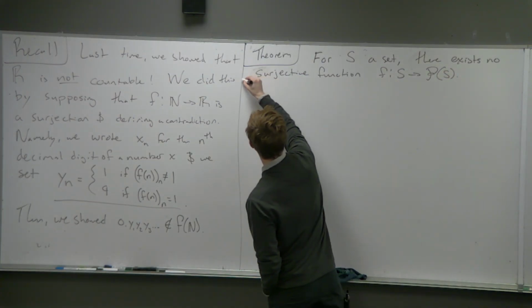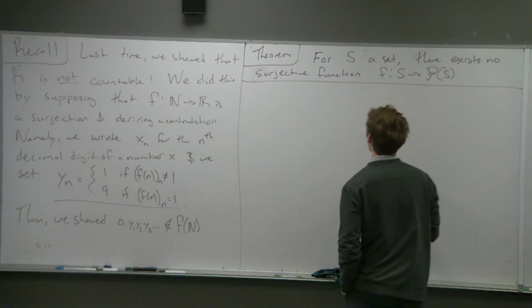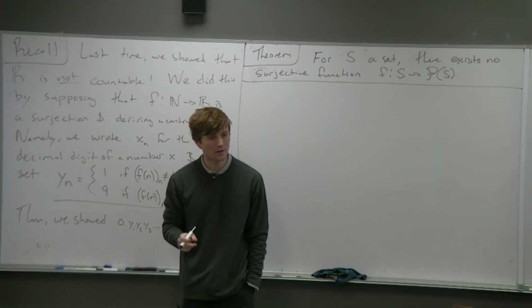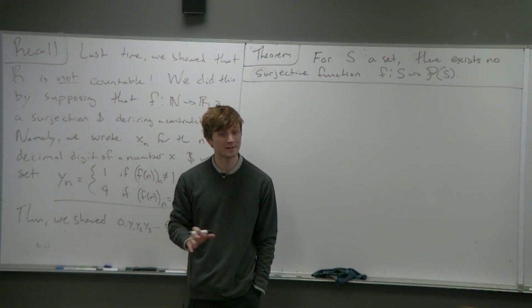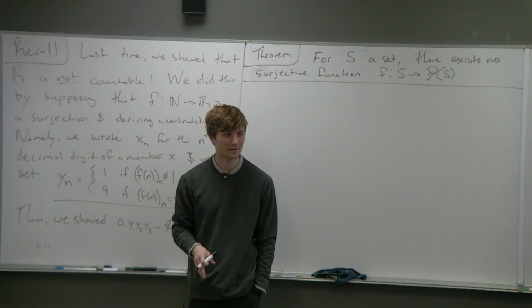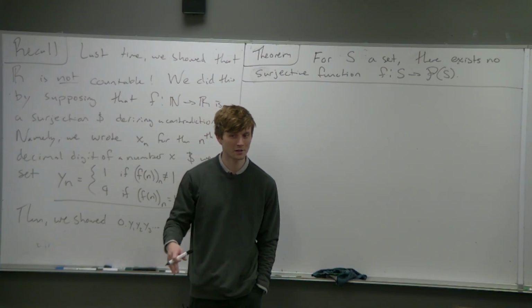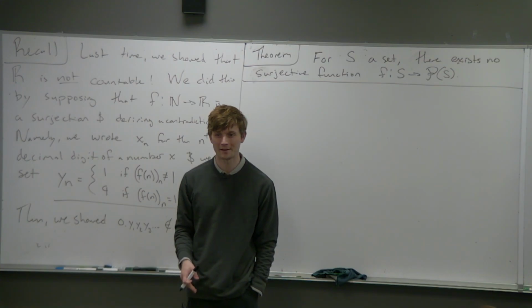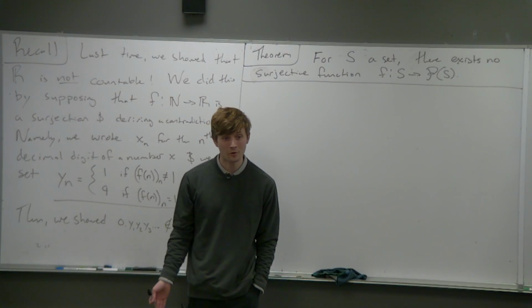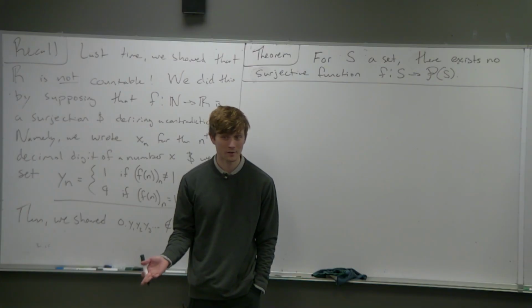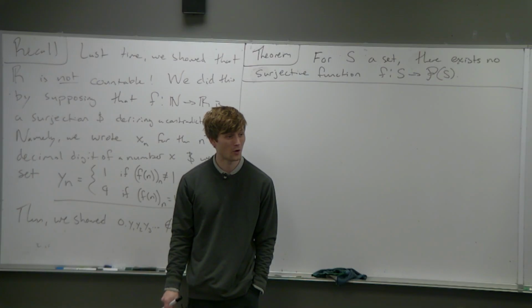A corollary to this is that the power set of a set always has strictly greater cardinality, is never equinumerous with the set. Take any set, punch it into the power set, you always get back a bigger set. Take the naturals, punch it into the power set, you get back something strictly uncountable since it is not equinumerous with the naturals. Whoa. Kind of cool.